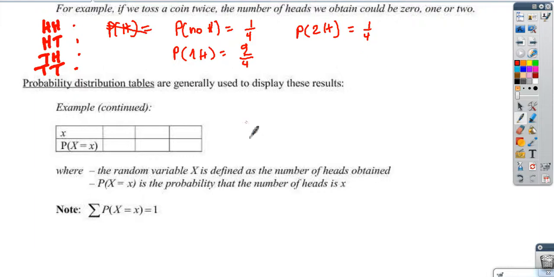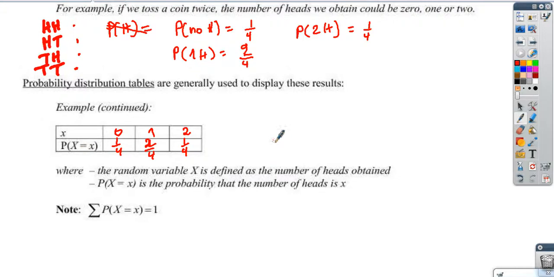So I can have the following probability distribution. That's what this is called. Either I have no head, or 1 head, or 2 heads. And the probabilities associated are 1/4, 2/4, and another quarter here. If this is confusing, it might help to think of an example.